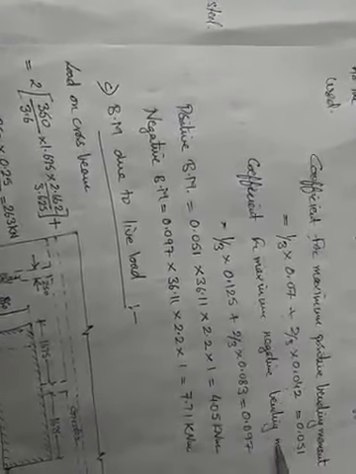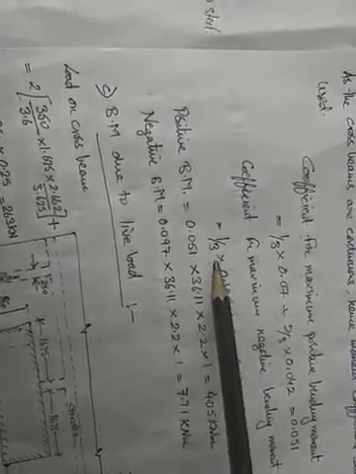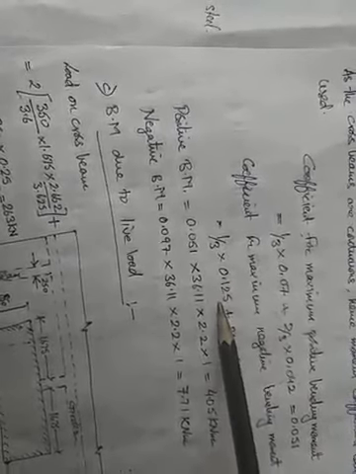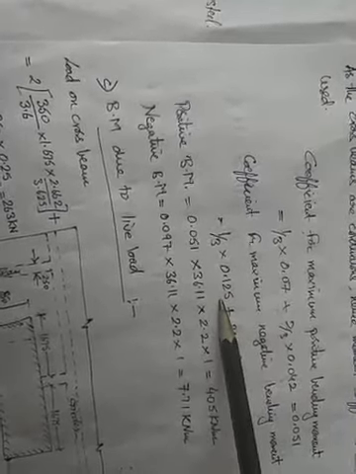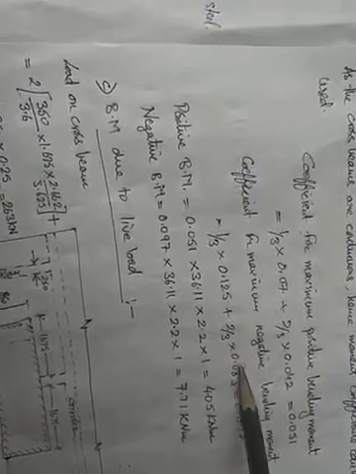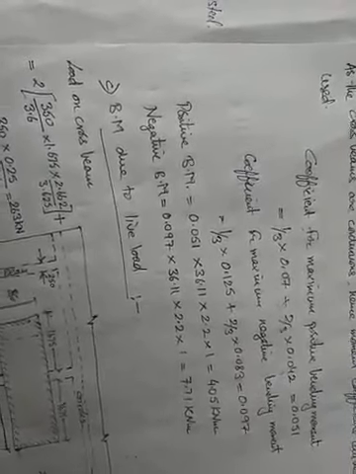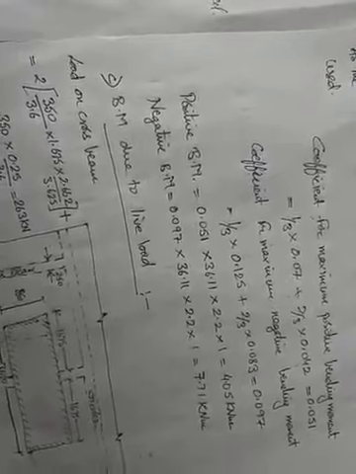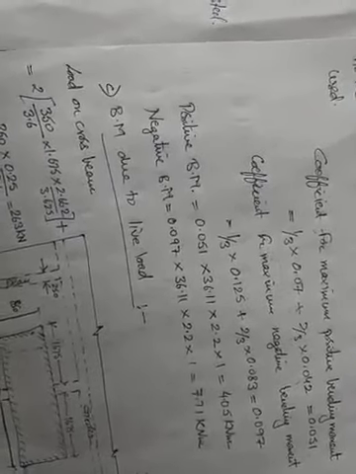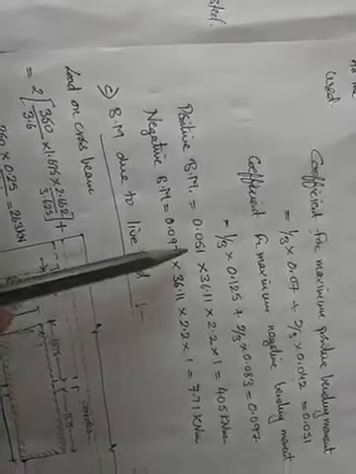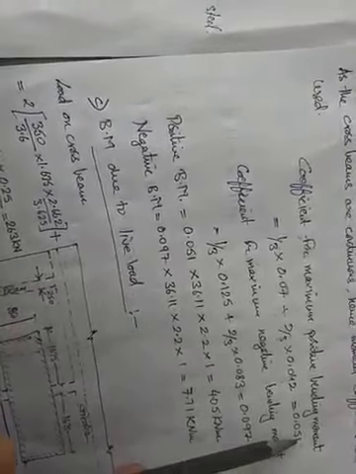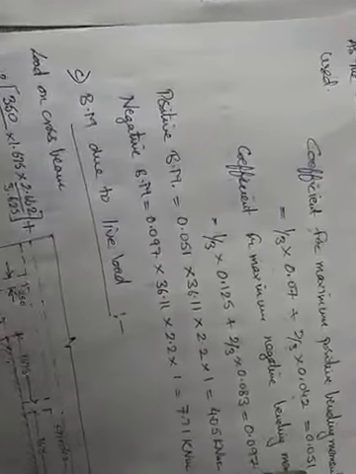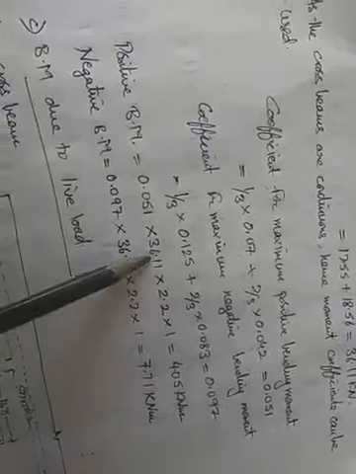For negative bending moment, which is at the supports, for support moments it is 1 by 3 into 0.125 plus 2 by 3 into 0.083. So this gives me 0.097. Then I can find out the positive bending moments. It is the coefficient 0.051 into the load into 2.2 per meter.